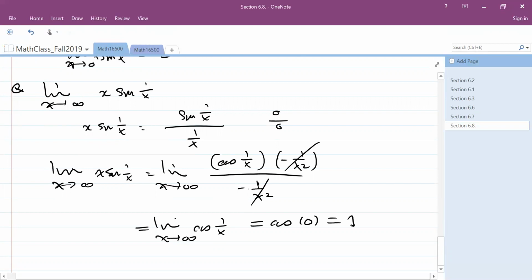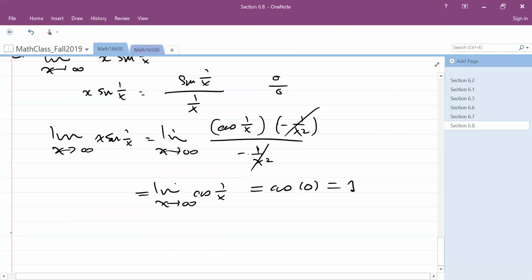Let's try a different problem. We have the limit of x natural log of x as x approaches 0 from the positive side. And look at this, it's a product.